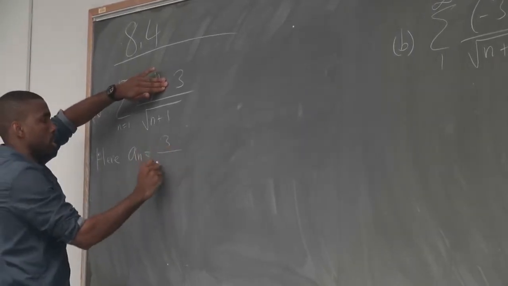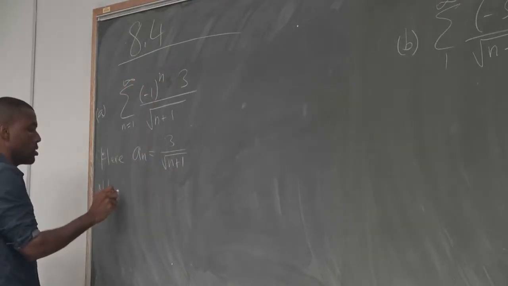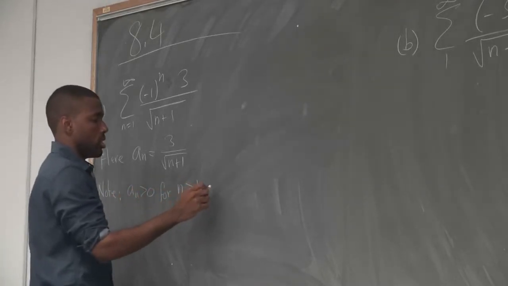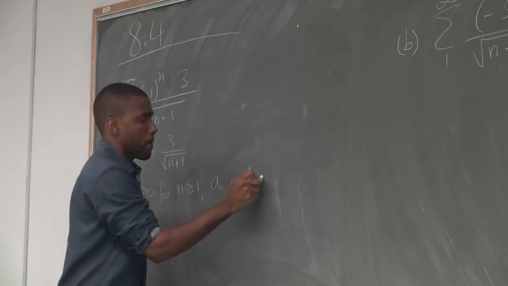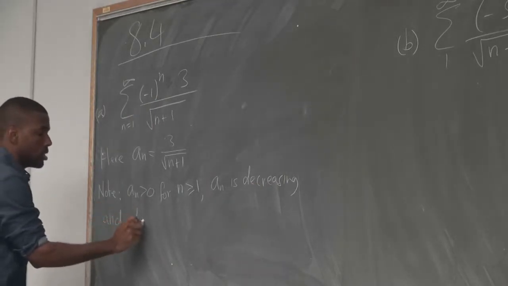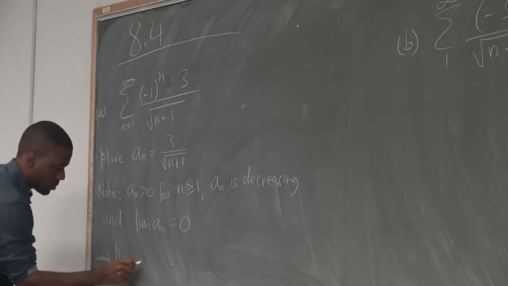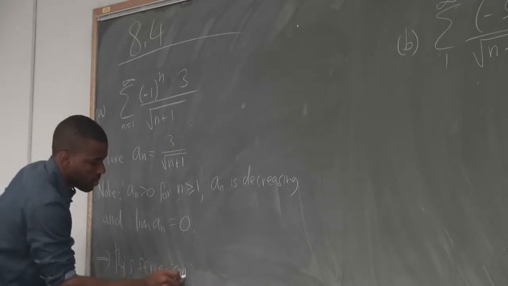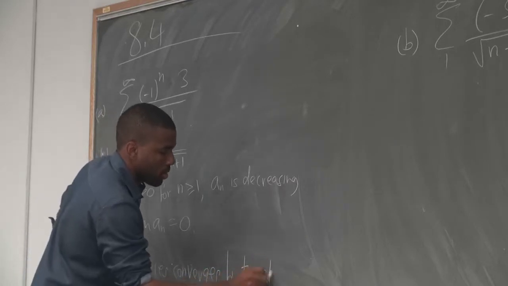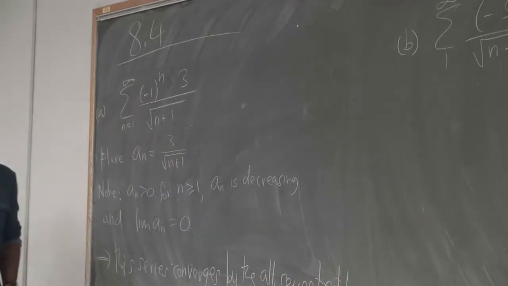So here your a_n would be this guy. a_n is greater than 0 for n greater than or equal to 1, and it is decreasing, and the limit of a_n equals 0. So it converges.